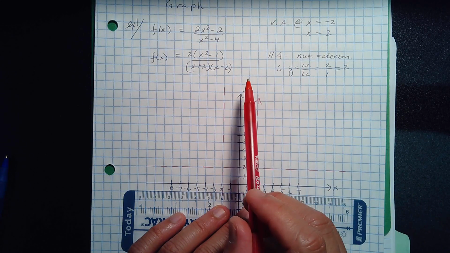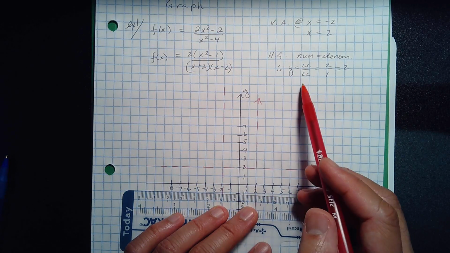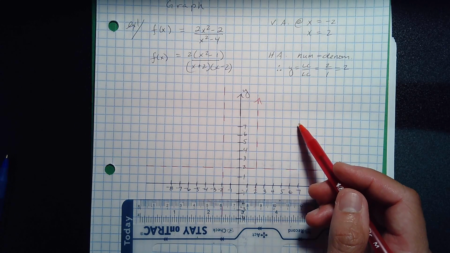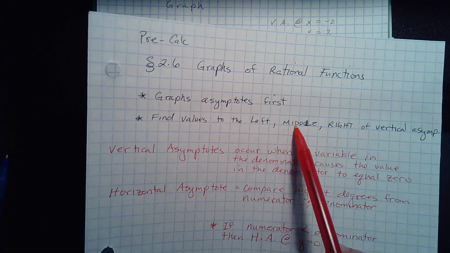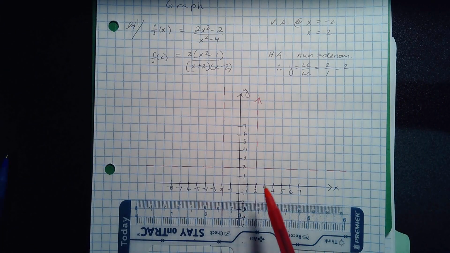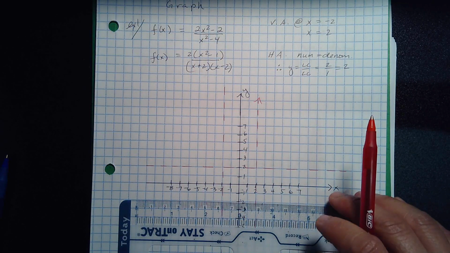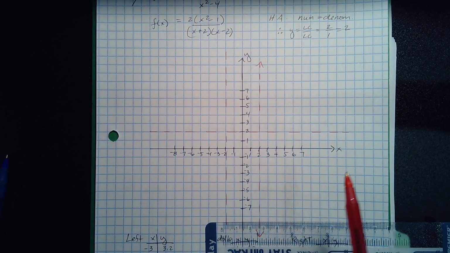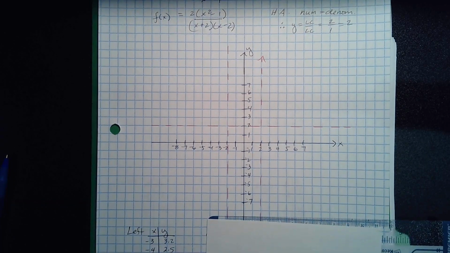After we find our asymptotes, as I mentioned earlier, we look for values to the left, middle, and right of the vertical asymptotes. So now let's take a look at the left.